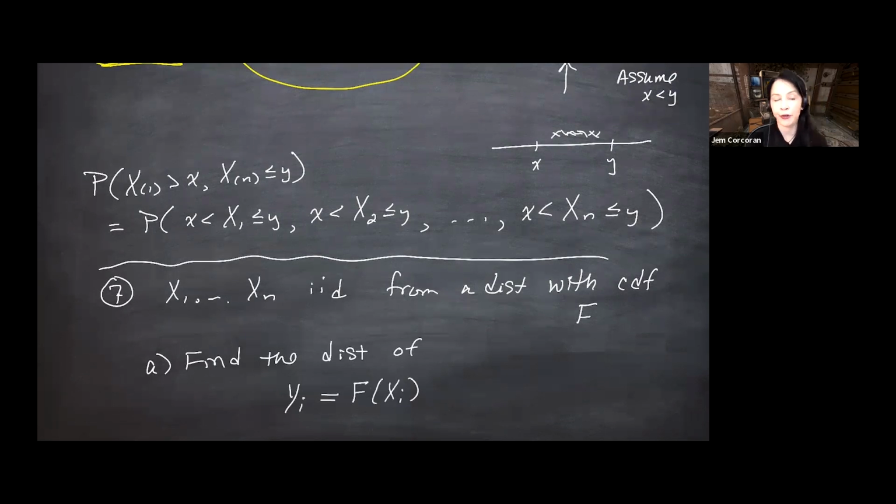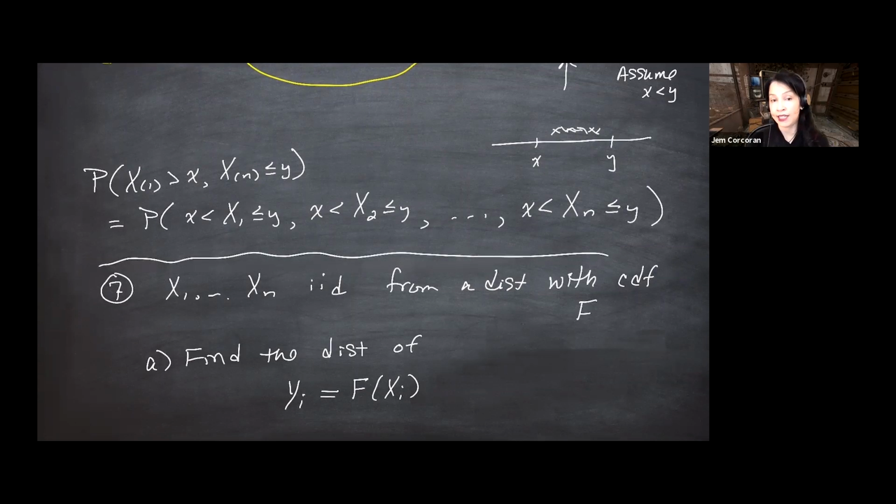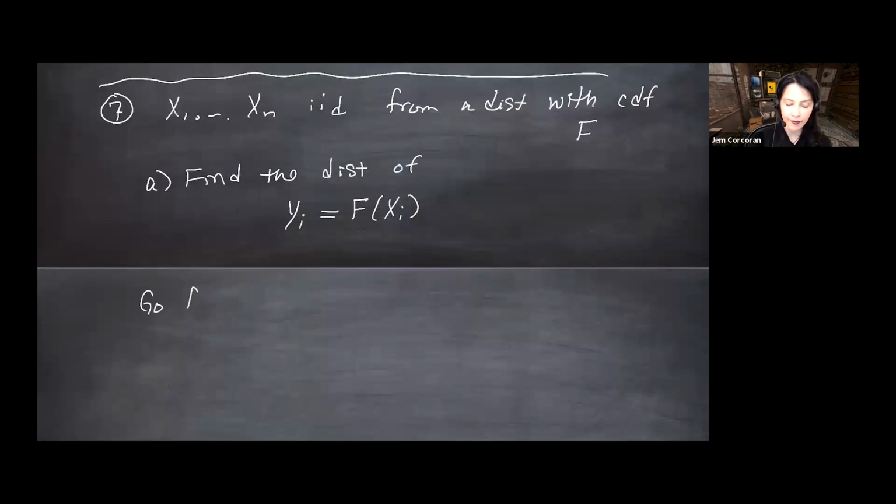Just kind of weird. You're putting a random variable into a function, and that's just making another random variable. So my hint is I would go for the CDF of yi. You can already tell at this point that the y's are going to be IID because each one comes from an independent and identically distributed x. So this function is not introducing any kind of dependence because we're not putting two x's together in one function. So the y's are going to be IID.